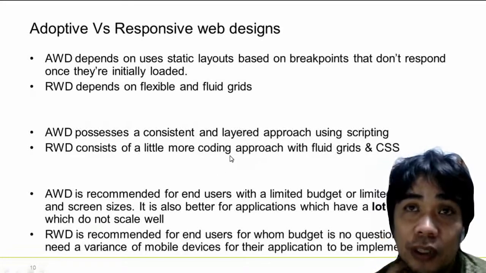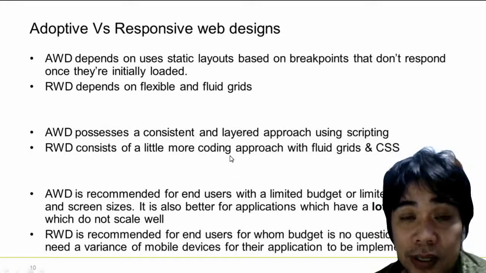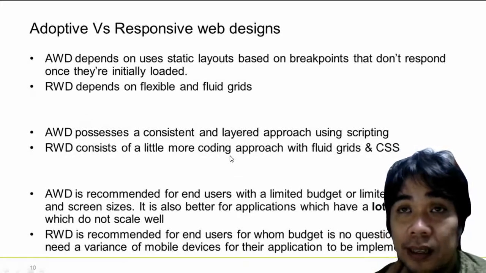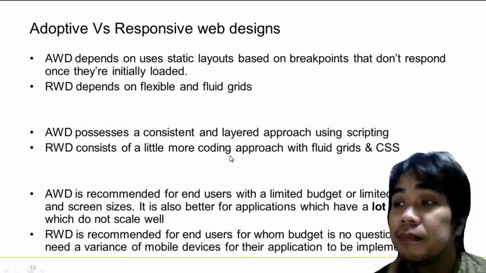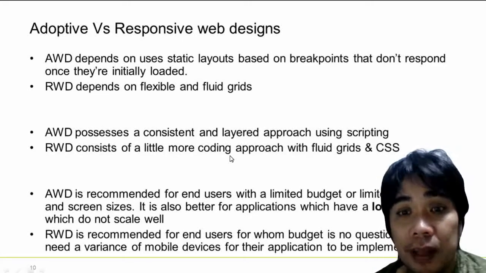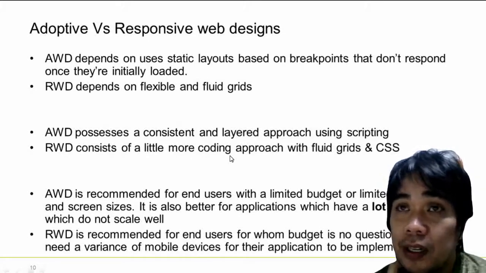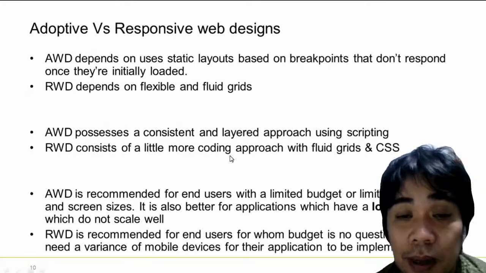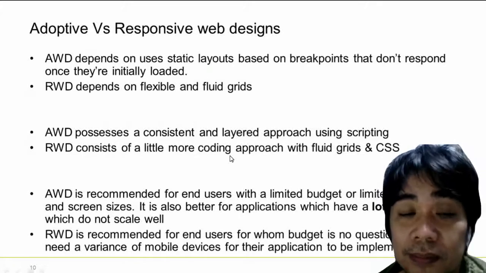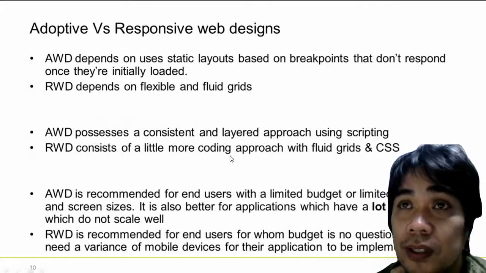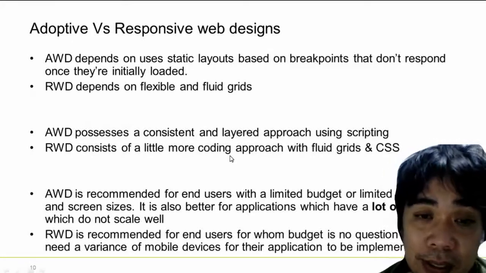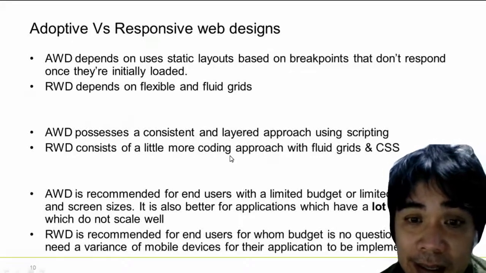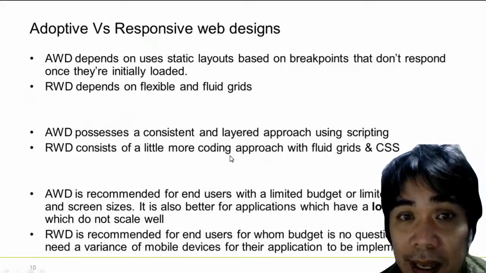So if you want to display your menus when viewed on the desktop, the menu will display. But if you are displaying the website using your mobile phone, the menus will be hidden first, and you have to select an icon to display the menus.